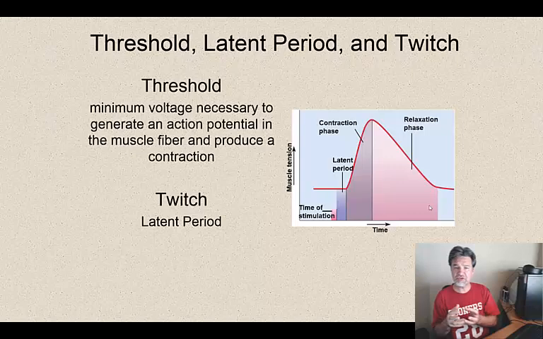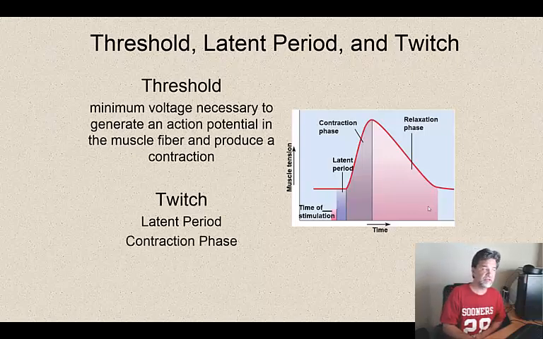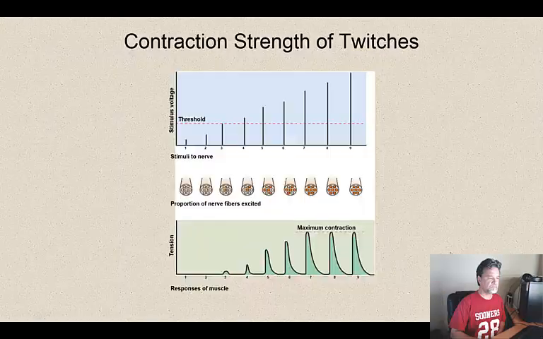And right when that calcium begins to get released, that's when we start the second component, the contraction phase. That's where the excitation-contraction coupling happens. Then we get the actual contraction occurring. And then we're going to have a fairly sustained relaxation phase. So these are the 3 minimal components for a twitch in a single muscle.